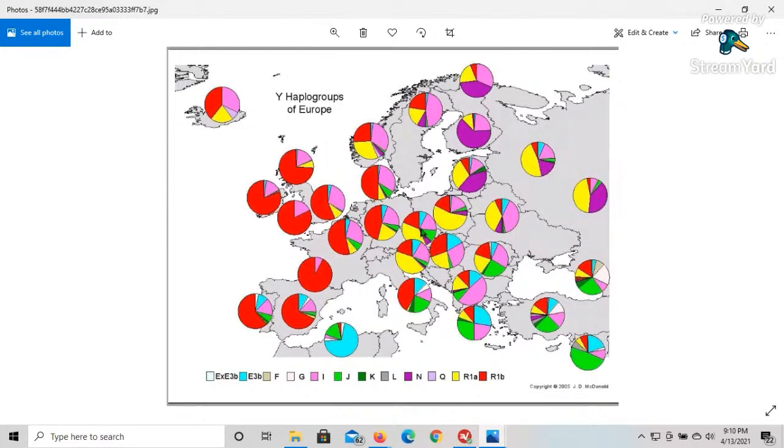The yellows are R1A, which are the Ashkenazi R1. So the R1A of the Ashkenazis is the yellow RY chromosome.